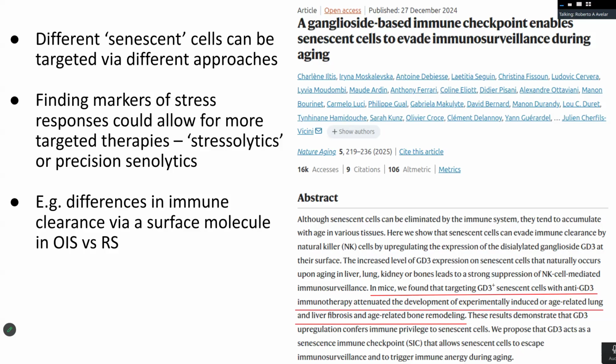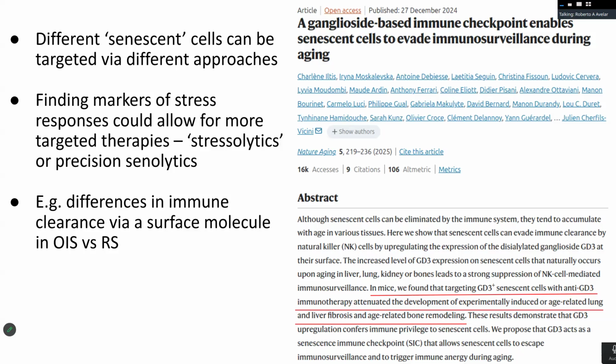And one of those surface markers seems to be able to shut down the immune system, actually. So targeting this receptor allowed for the immune system to come and clear the cells. I think they found something really weird, like this only worked in female mice or something super strange like this. And when I talked to the co-author, she was like, I have no idea why that is. They're still sort of digging into it a little bit.